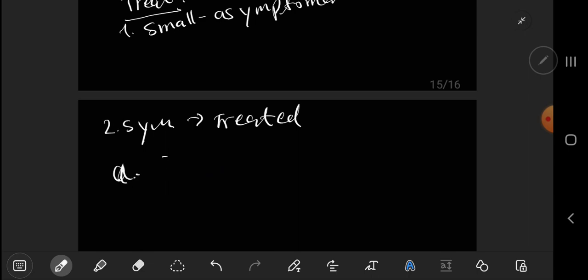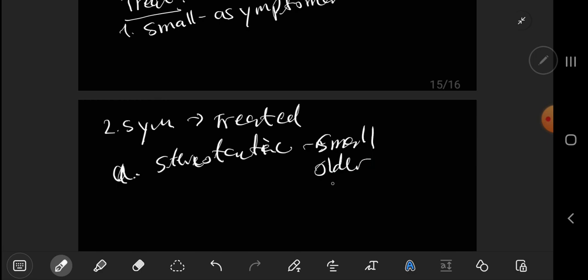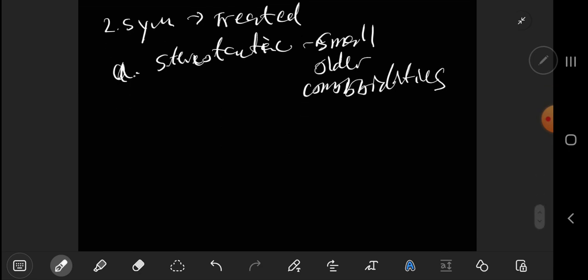Now, there are some treatments. One can be stereotactic surgery. Stereotactic surgery is usually reserved for patients with a small lesion, or older patients, or those with comorbidities that cannot undergo the surgical treatment.